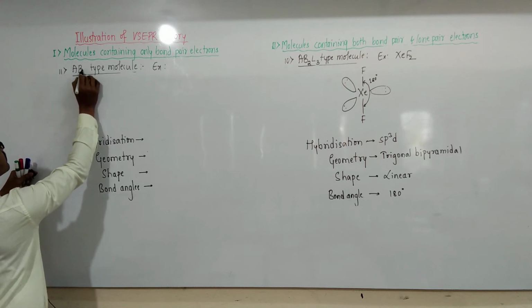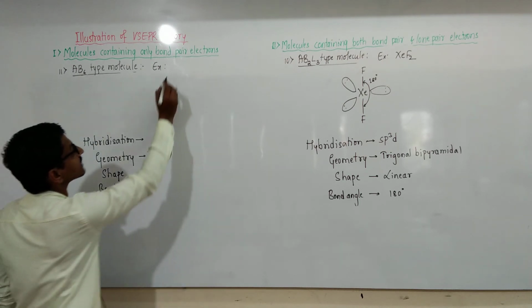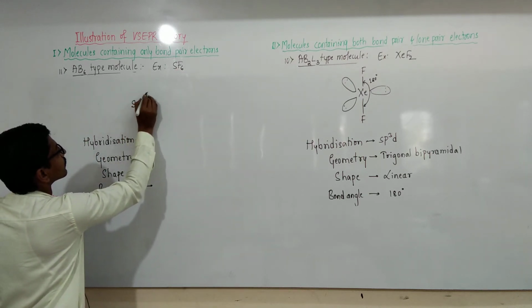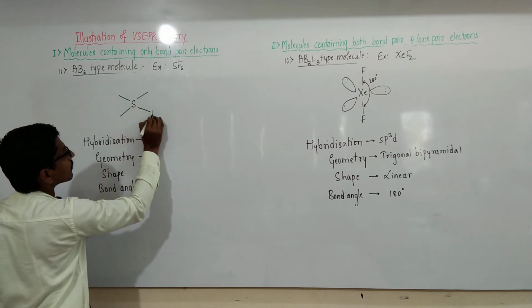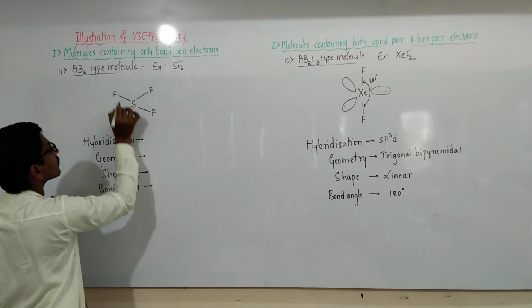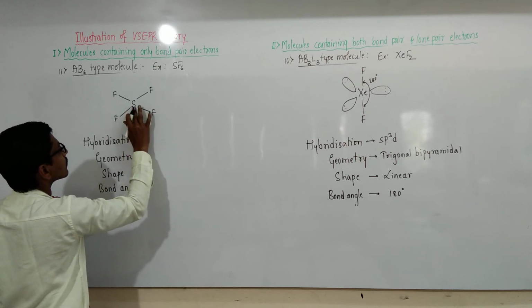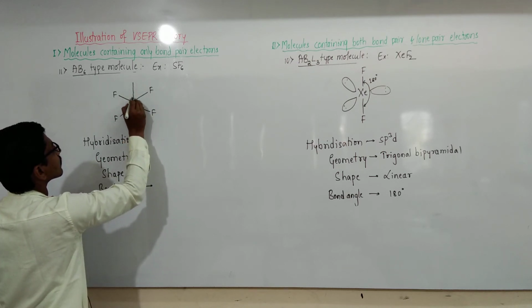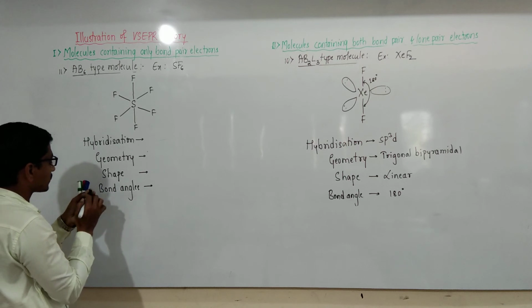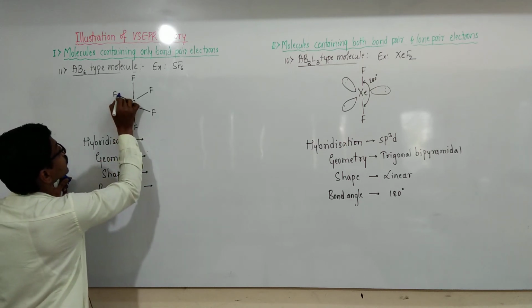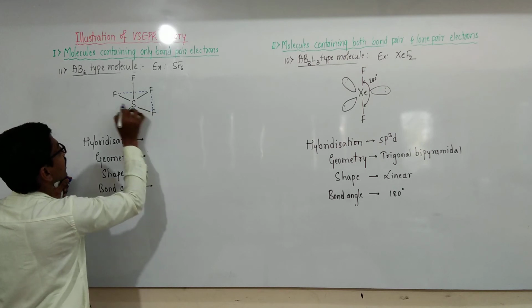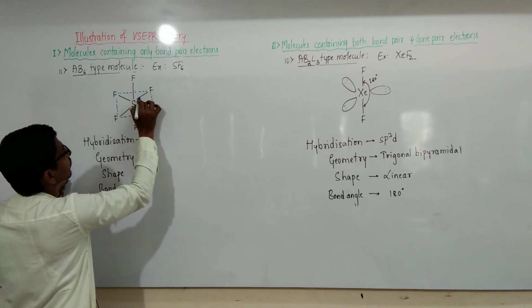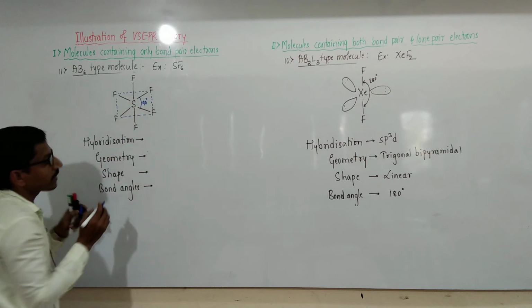Eleventh one is AB6 type of molecule. Example is SF6, which we already discussed. This is the structure of SF6, and geometry is regular because all the sp3d2 hybrid orbitals are occupied by only bond pair electrons.